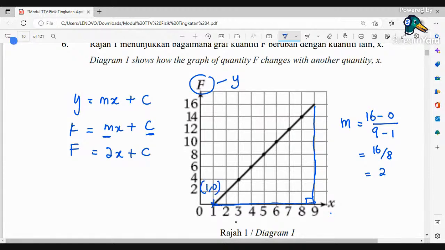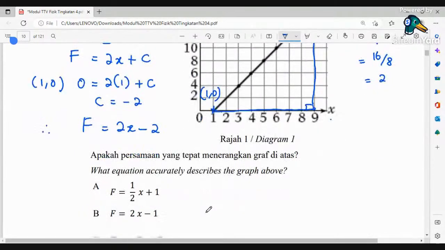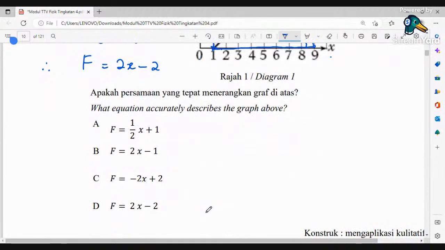So 0 equals 2 times 1 plus c. So I get c equal to minus 2. Okay, write again the whole equation. So F equals 2x minus 2. Okay, now we check the answer. Which one is correct? Okay, from here we get the answer is D.